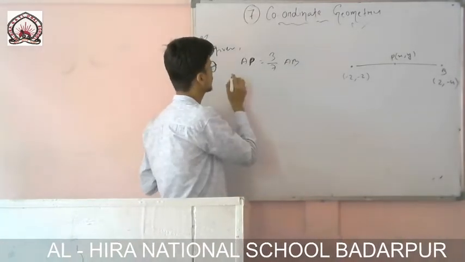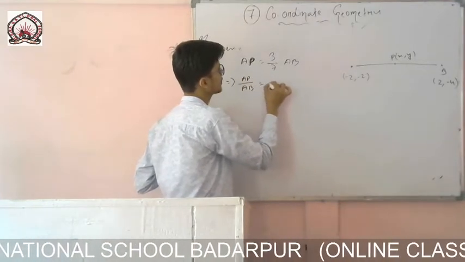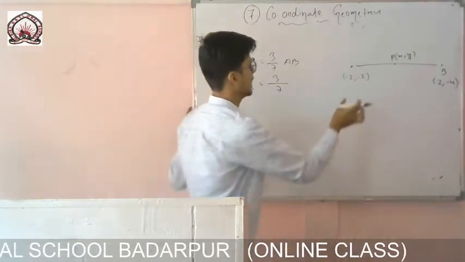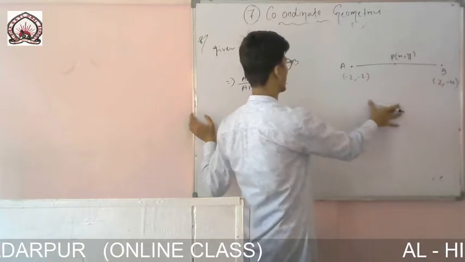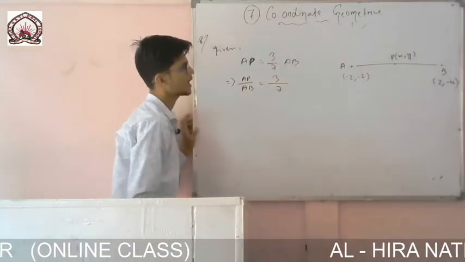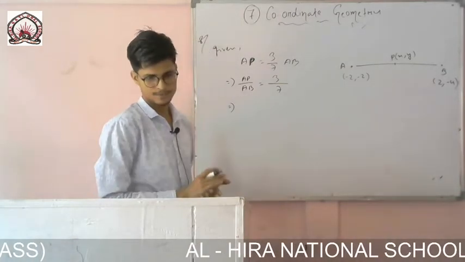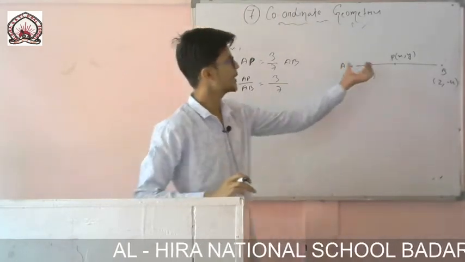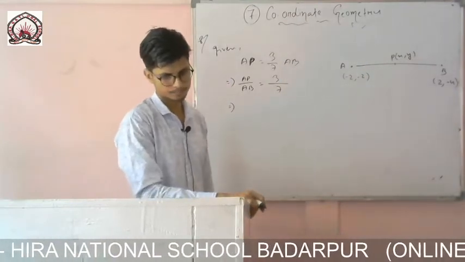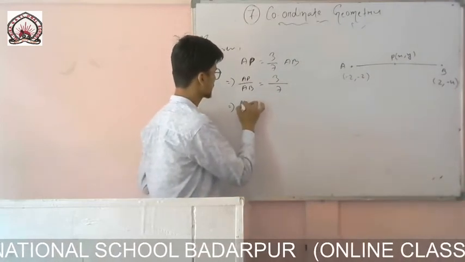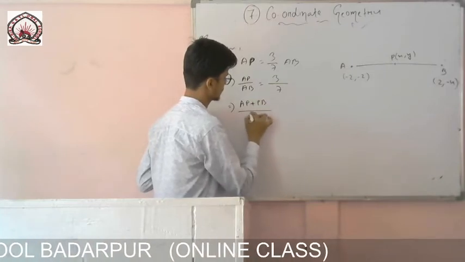So now if I solve it, if I bring AB here, then AP by AB will be equal to 3 by 7.